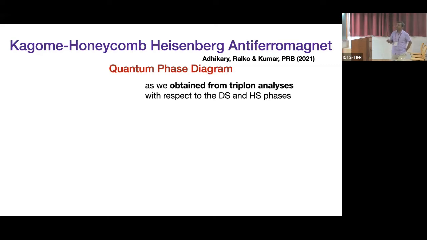So we did calculations by two different methods. One is basically a triplon analysis approach. It's a stability analysis for any of these simplistic quantum paramagnetic states like dimers, or in this case hexamer. So we know in the limiting case the hexamer state, let us say, is a ground state.